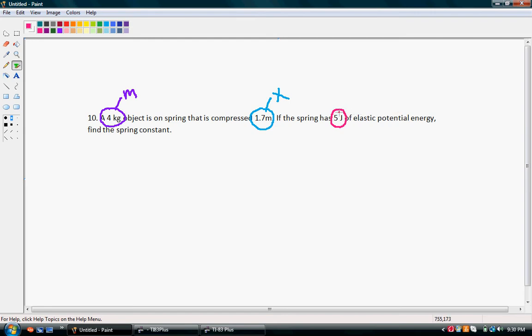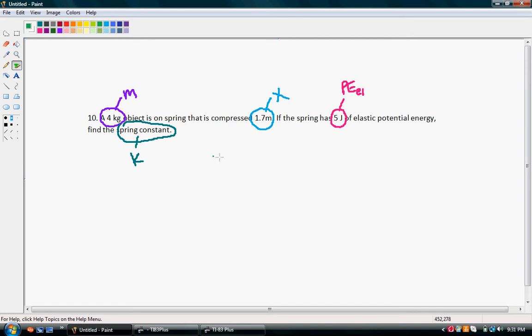Well, since this is joules, we know that it's going to be a type of energy, but it's going to be elastic potential because it tells us that. And because we have a spring involved, we know that's going to be an elastic potential type of energy. And it wants us to find the spring constant, which is K.